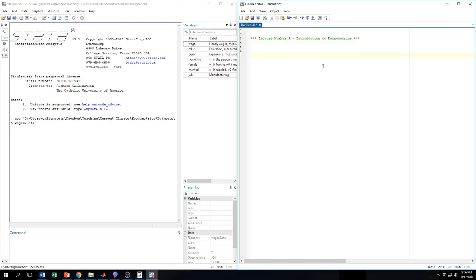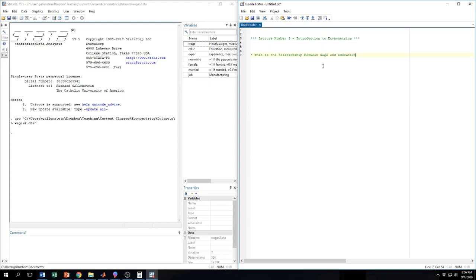Okay. Now, what do we want to do here? What do we want to look at? Now, let's say that in this illustration, we are going to look at the exact same questions that we looked at in the last lecture. If you remember in the last lecture, we basically wanted to know what is the relationship between wage and education.